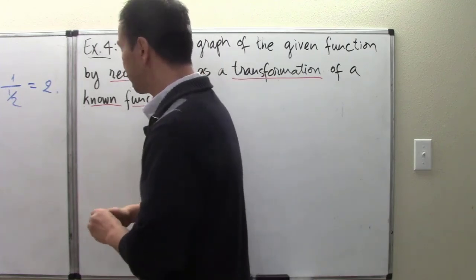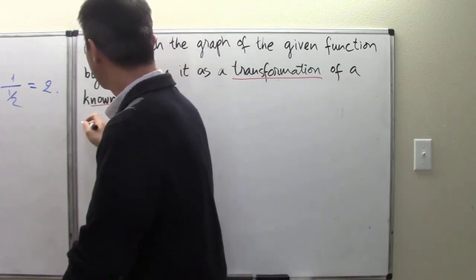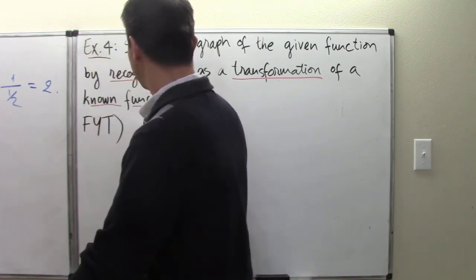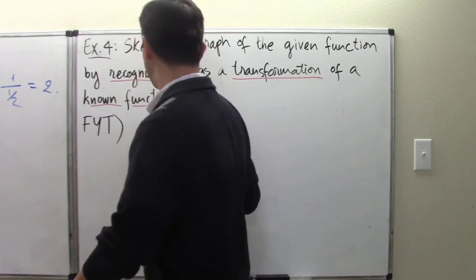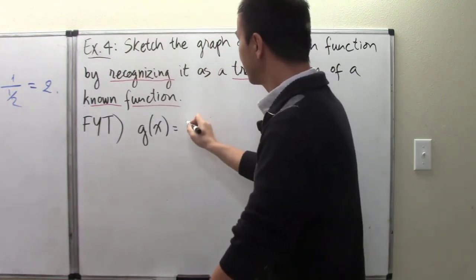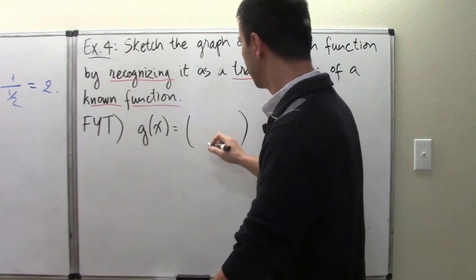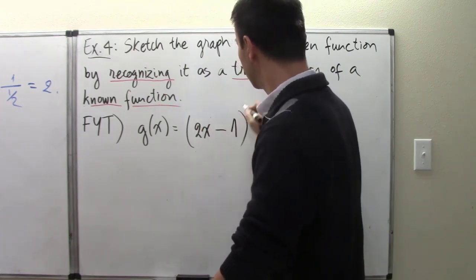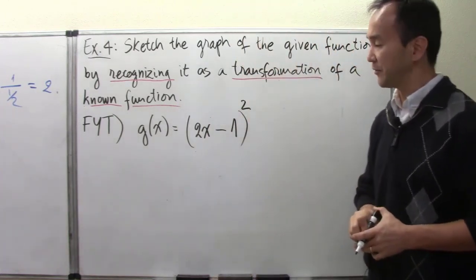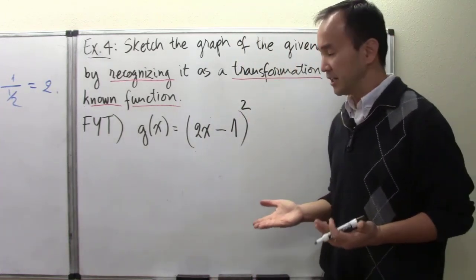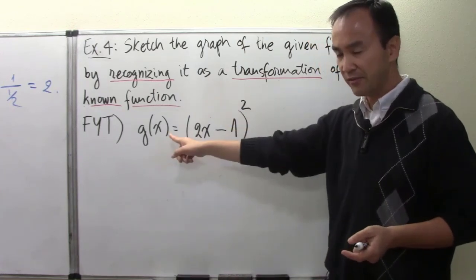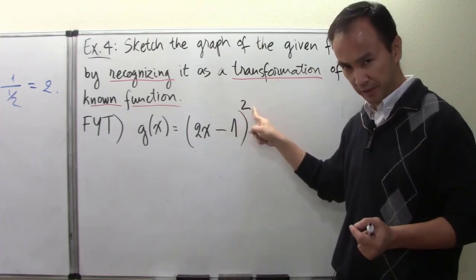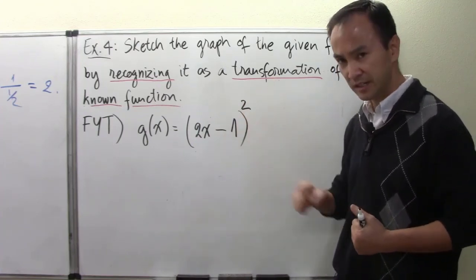All right, so as far as an FYT, I want you to sketch the graph of g of x being (2x minus 1) squared. Okay, I want you to now get this one done.